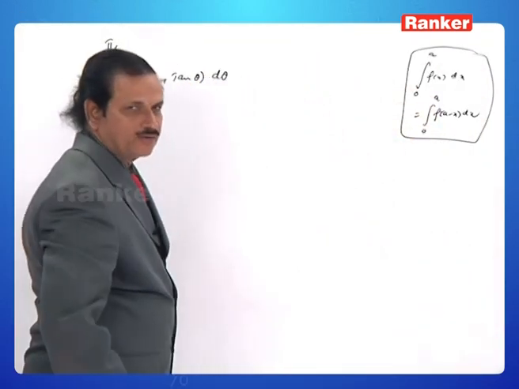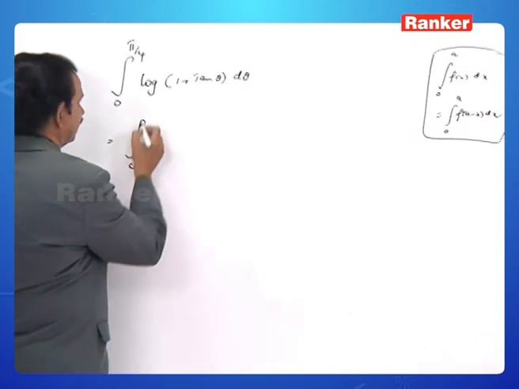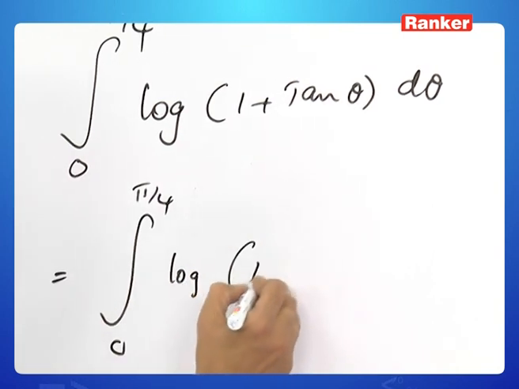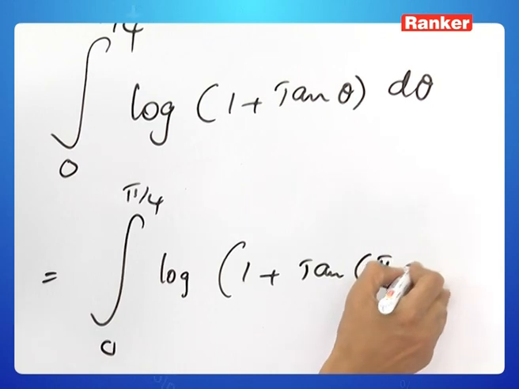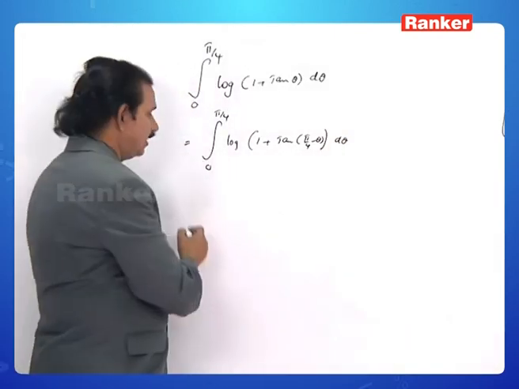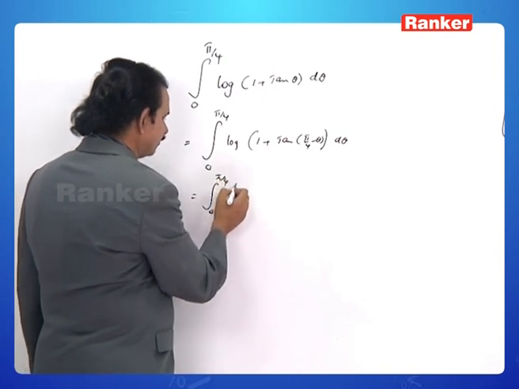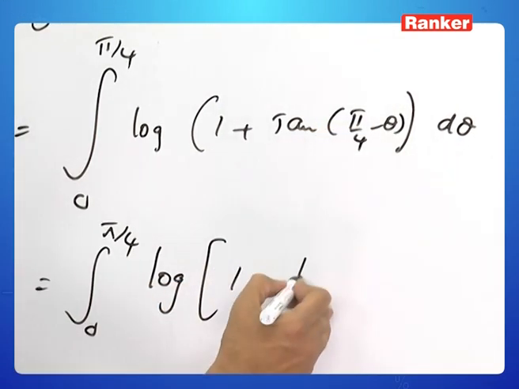Let us now make use of that formula. This is equal to integral 0 to pi by 4 log of 1 plus tan of pi by 4 minus theta d theta. Again, integral 0 to pi by 4 log of, what is tan of pi by 4 minus theta?